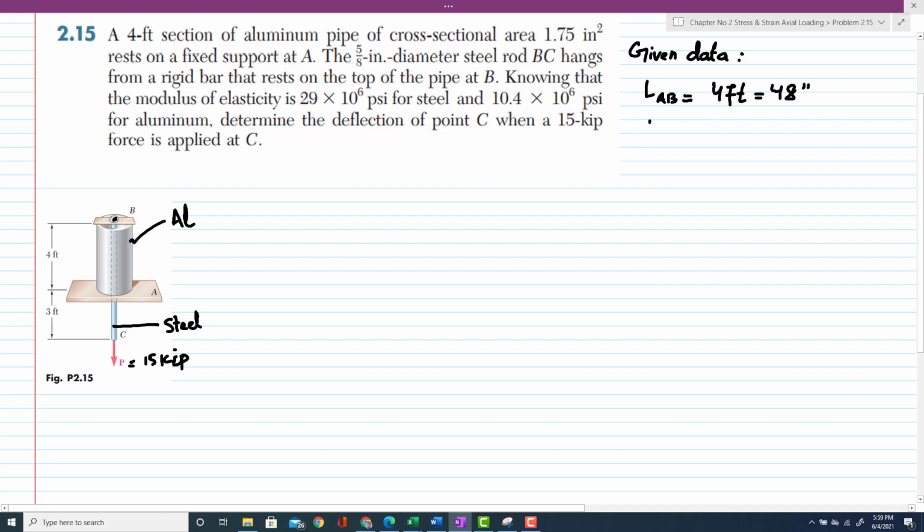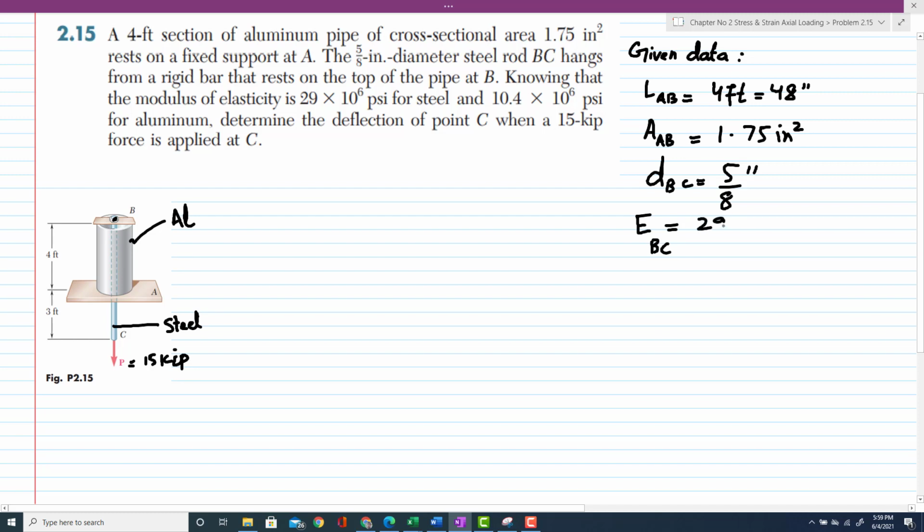The area of AB is also given, that is 1.75 square inch, and the diameter of the steel rod BC, D of BC, is also given, which is equal to 5/8 inch.